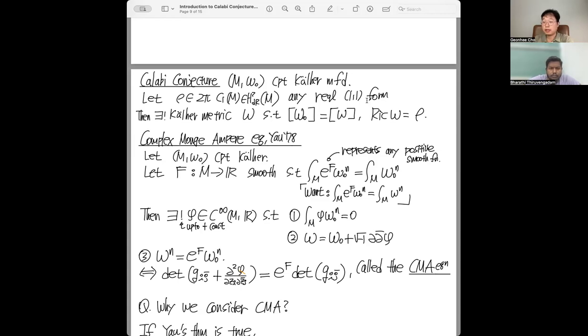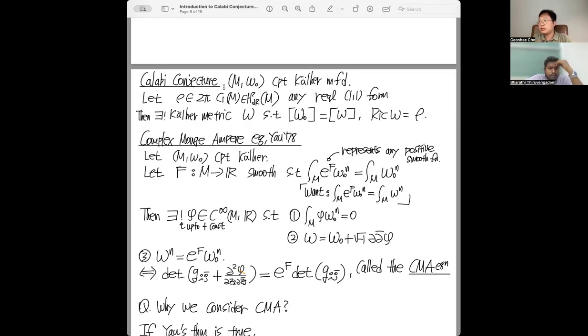If you have any questions or comments regarding this statement, this is now completely solved by Shing-Tung Yau in 1978. Cheng and Yau's paper and those on bounded domains are just extending this conjecture to the non-compact settings. Any questions?